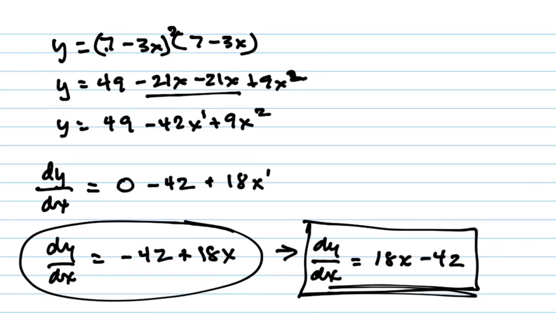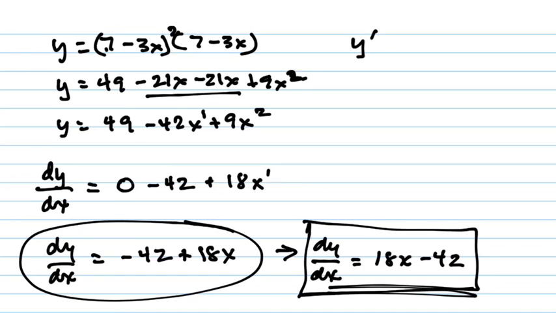You don't have to do anything with the dy over dx. It's just telling you that that's not the original function. That's the derivative of it. And f prime x and dy over dx are exactly the same thing, just written differently. If I was doing this, I wouldn't write dy dx.